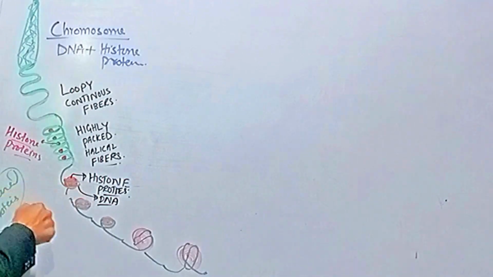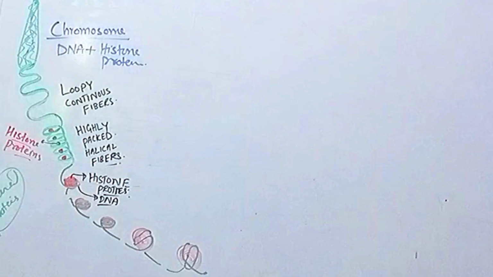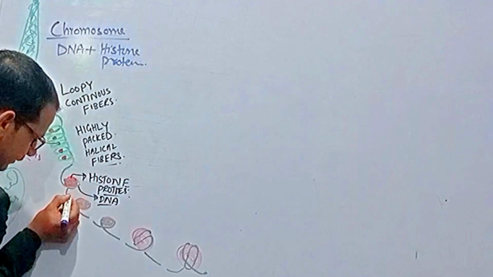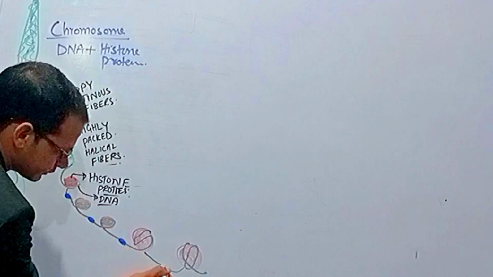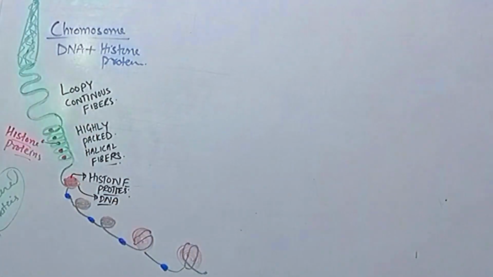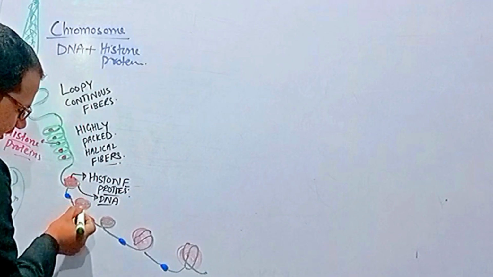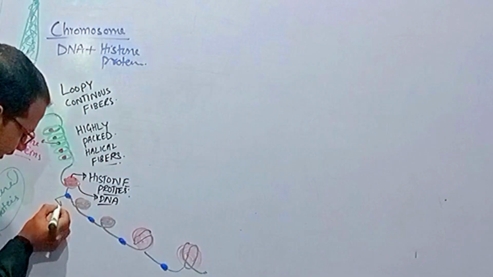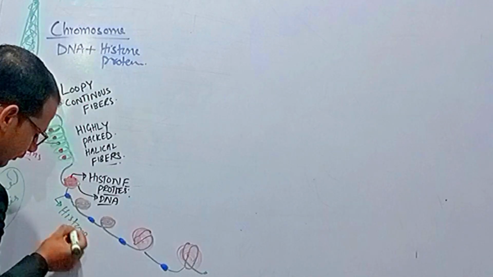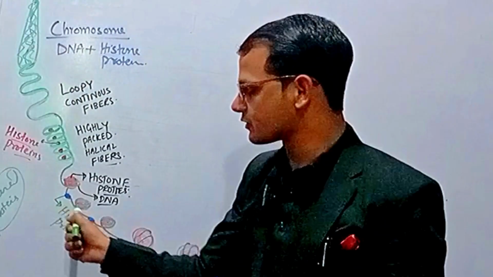But there is another protein present here, which connects these units. This thing is also a histone protein, and this is also a histone protein, but there is some compositional difference between these two.